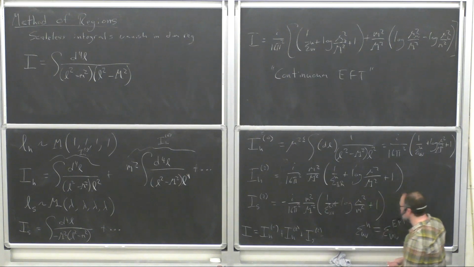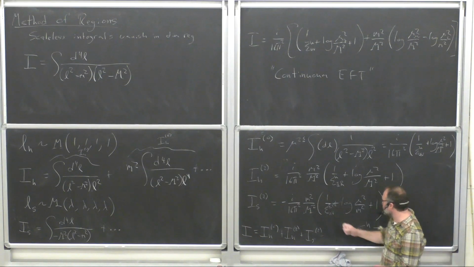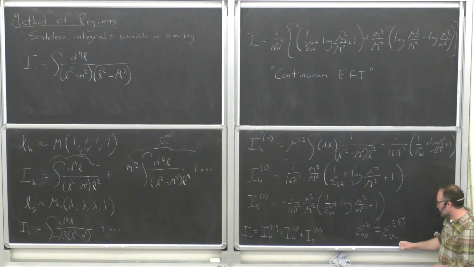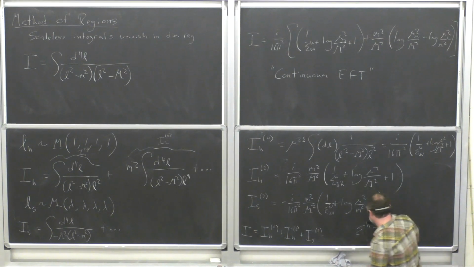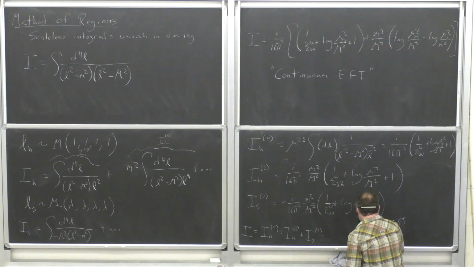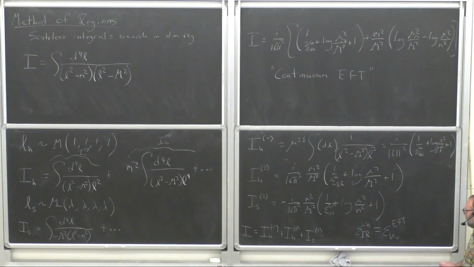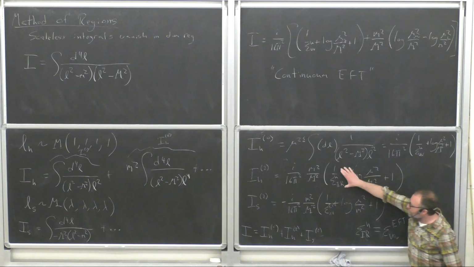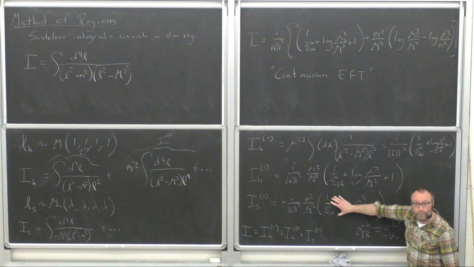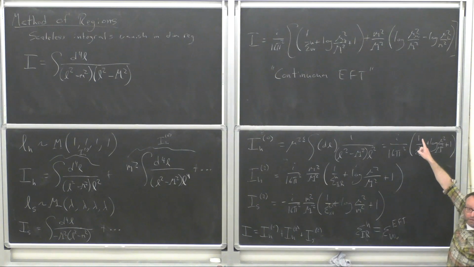Sorry, I'm not being consistent there. This is the soft region, this is the hard region. So I'm equating this epsilon with this one because they cancel to reproduce that formula.